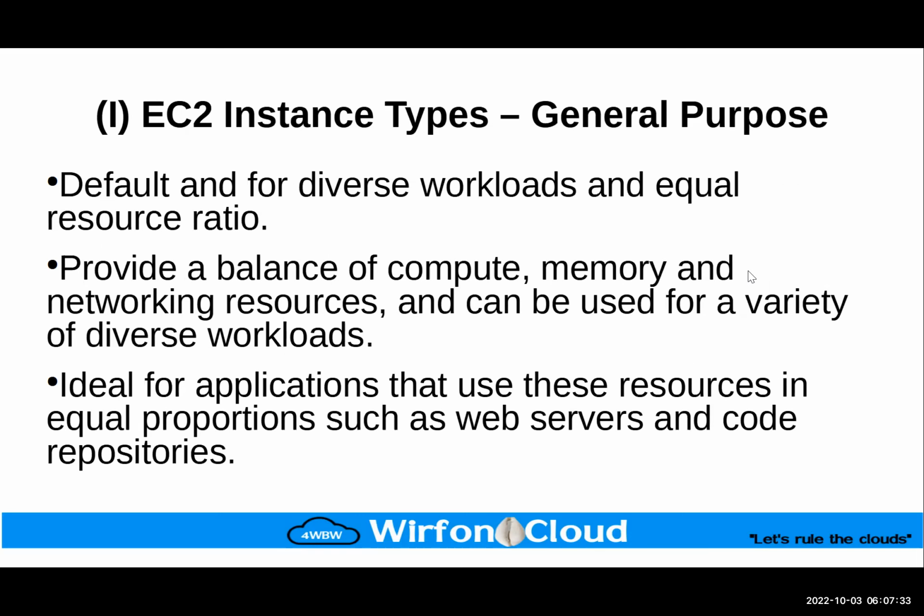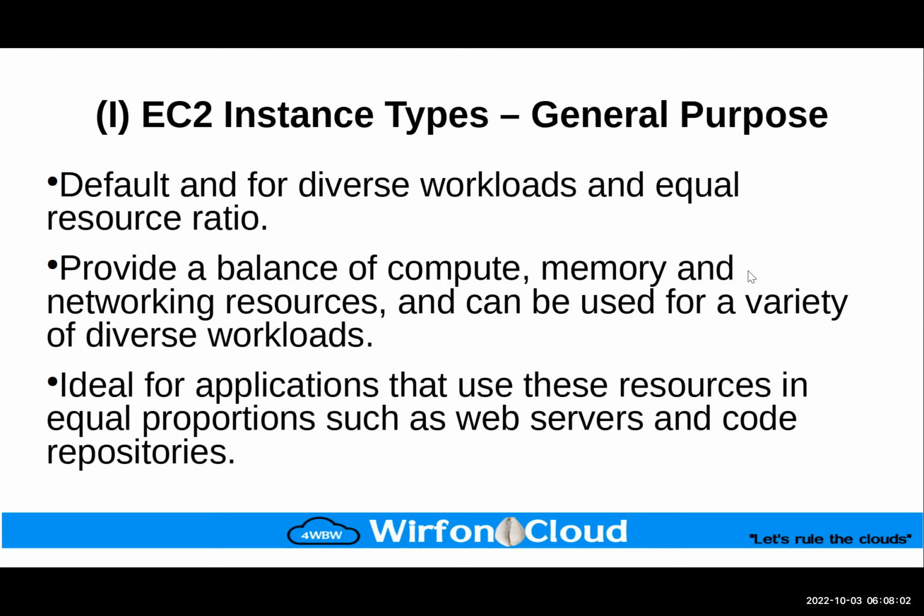So the first instance type here is the general purpose. And this is the default one that you have when you're launching an EC2 instance. It's also for diverse workloads and equal resource ratio. So here it provides you a balanced compute, memory, networking, and it can be used for different workloads.